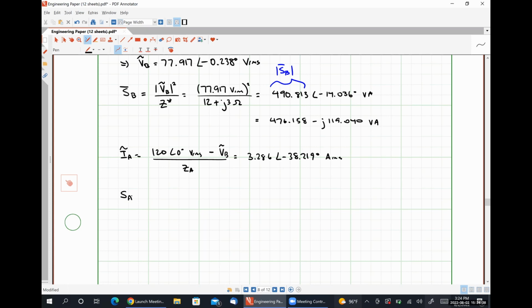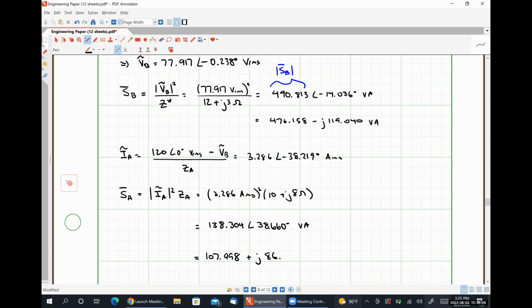And from here, the complex power absorbed by ZA is just the magnitude of IA squared times ZA, or 3.286 amps RMS squared times 10 plus J8, which looks like 138.304 angle 38.660 degrees volt amperes in polar form, or 107.998 plus J86.398 volt amperes.